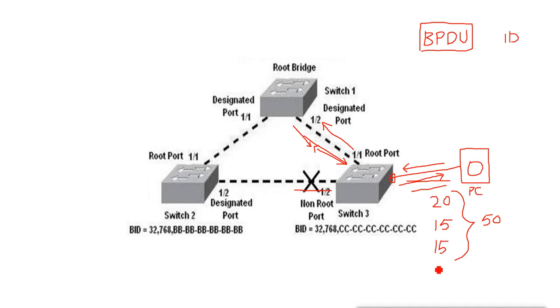When it goes to the forwarding state, it will start forwarding the data, and the LED light will become green, which means you can send and receive data on that port. So this is the port state for every switch. They exchange BPDUs to inform about themselves and get information about the other switches, and they do this for those 50 seconds.